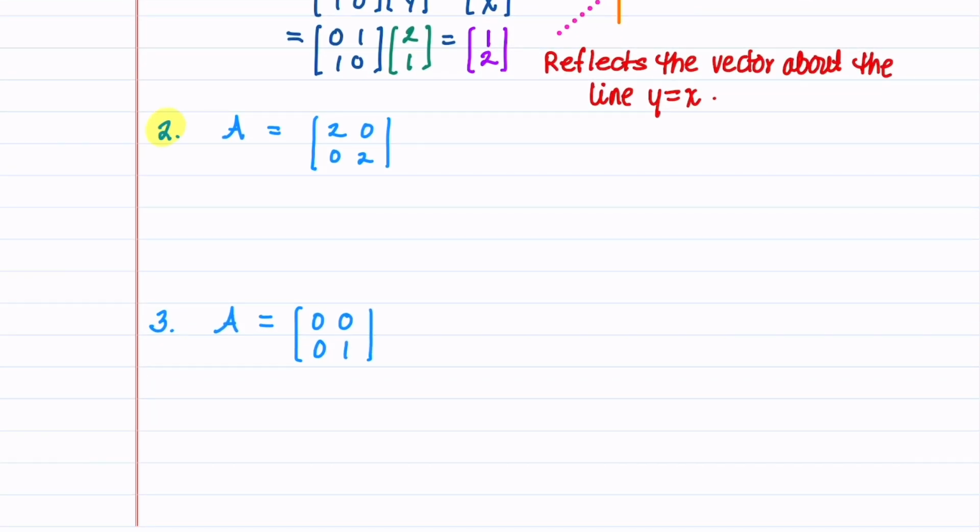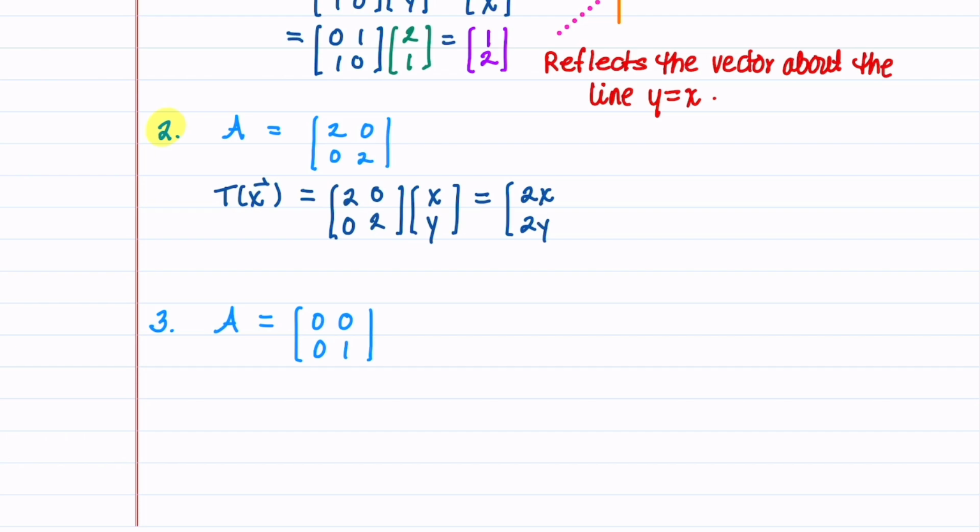Let's now look at our second example. Just like we did for the first example, let's begin by computing T of x. That's going to be 2, 0, 0, 2 times our arbitrary x vector xy. Doing the matrix vector multiplication, we get a 2x in the first component and a 2y in the second component.